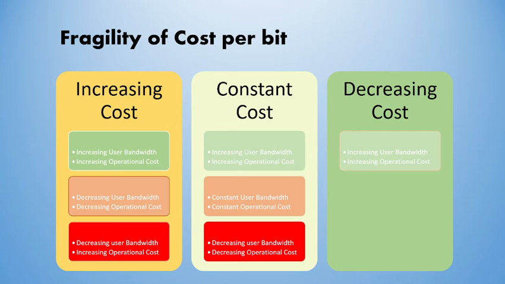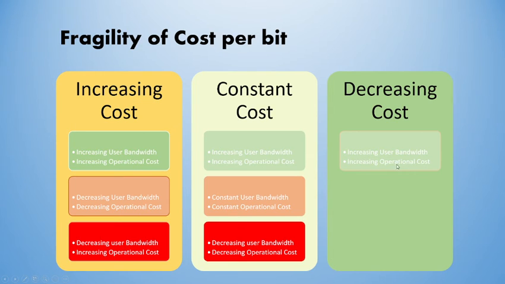But still, for a decreasing cost, again we have three scenarios. One is that you have an increasing user requirement, and you have an increasing operational cost, but still your overall cost per bit is decreasing. So it means that your users are increasing at a high rate, and your operational cost is increasing at a bit lower rate.